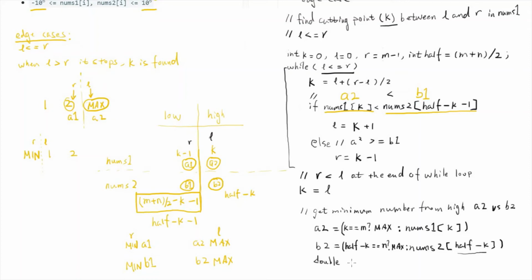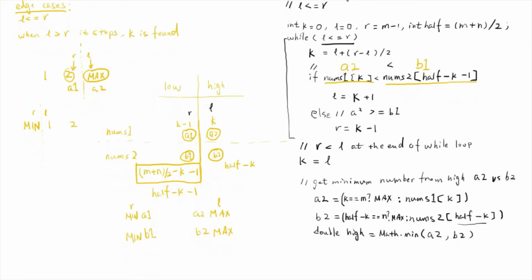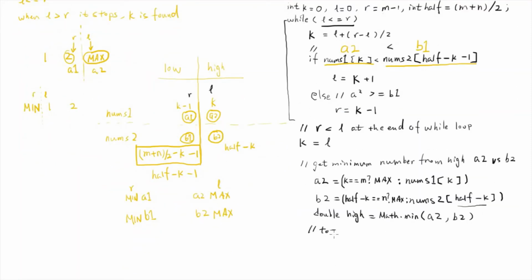So here, we declare a variable for the number on the high side, which is equal to the minimum between A2 and the B2. If the length is odd, then the number of values on the high side has one more than the values on the lower side.